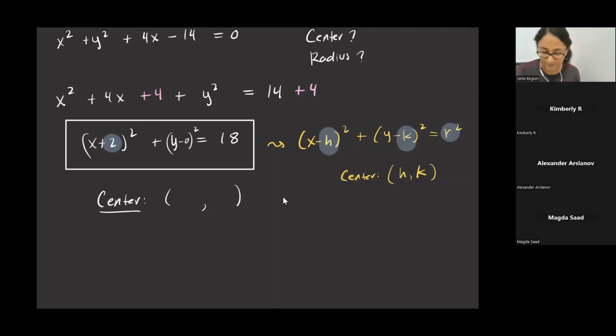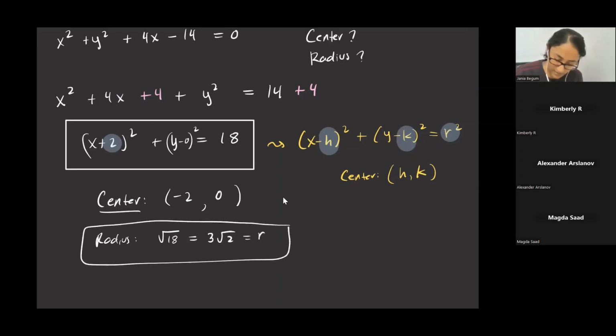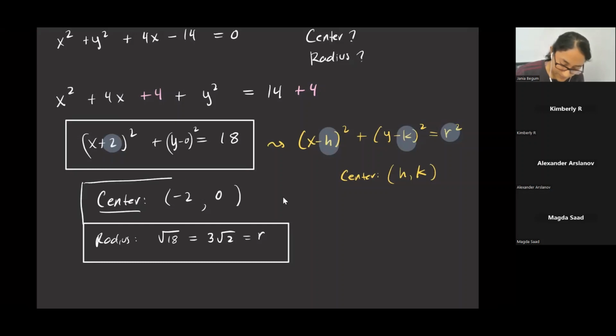So the center is negative 2 comma 0. The 18 is the r squared value, so the radius is the square root of 18. You can leave it this way, or simplify it because 18 is 9 times 2, so the square root of 9 gives you 3 square root of 2. Either is acceptable.